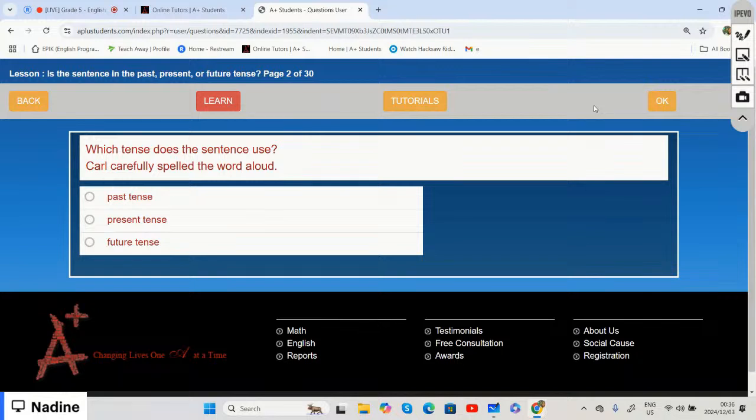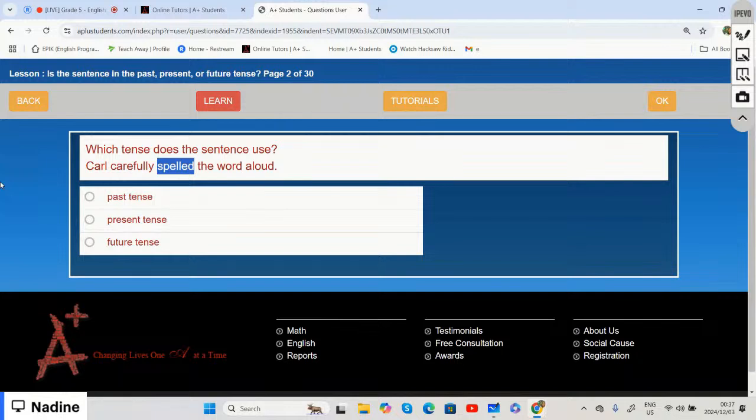The next one says, Cal carefully spelled the word out loud. So the word spelled, is that option one in the past tense? Is that option two in the present tense? Or is it option three in the future tense?